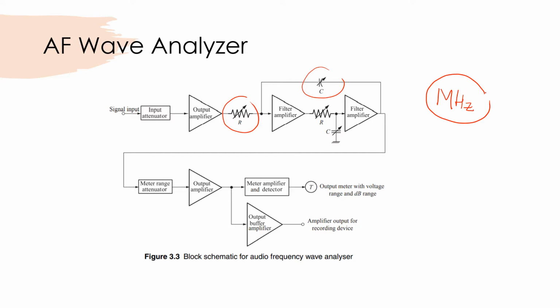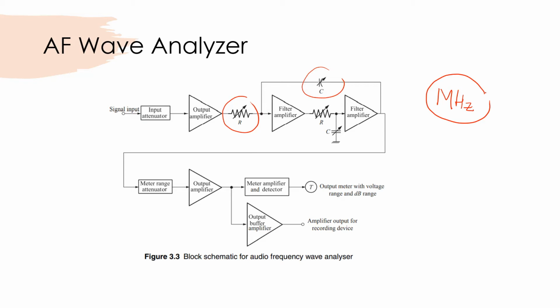We can see from here that the input signal to be analyzed is heterodyned to a higher intermediate frequency range. The signal input comes to the input attenuator, and then goes to the output amplifier, and then we can vary R and C to tune the frequency.